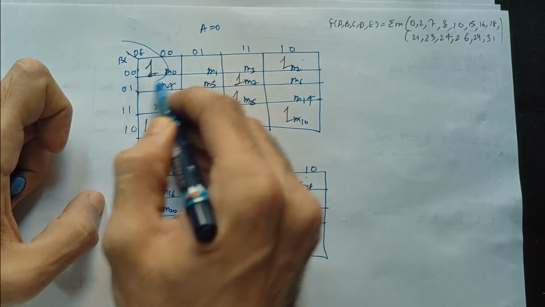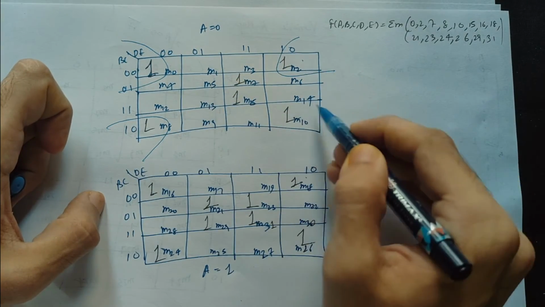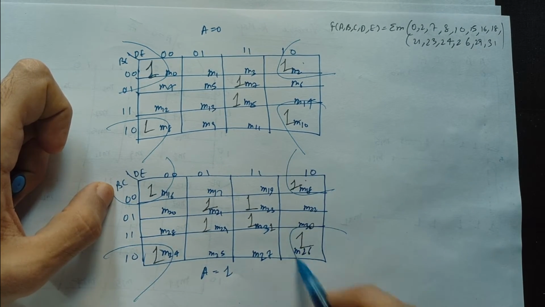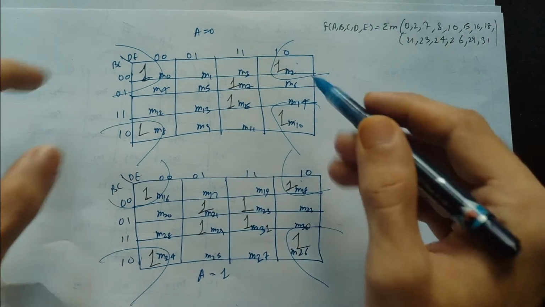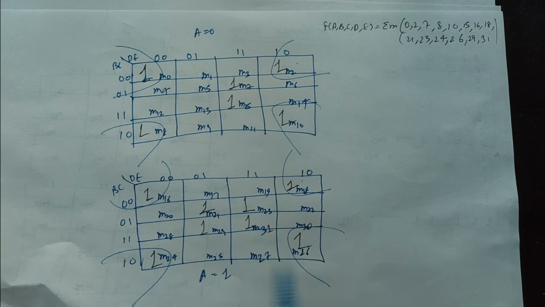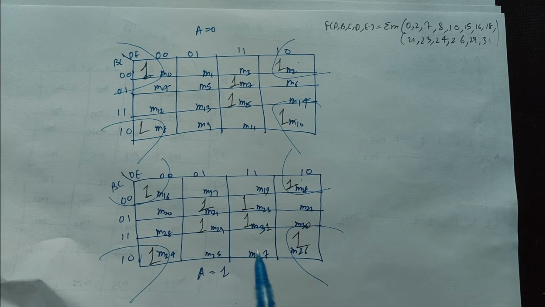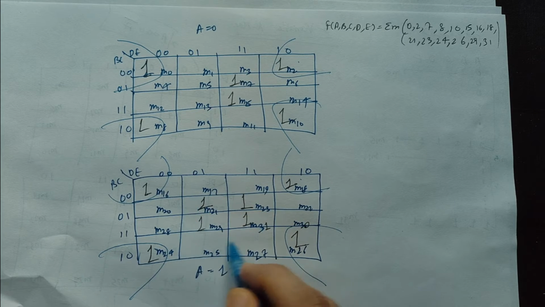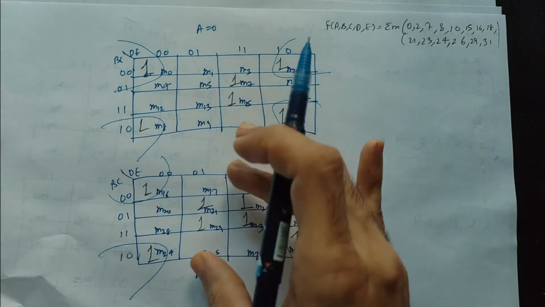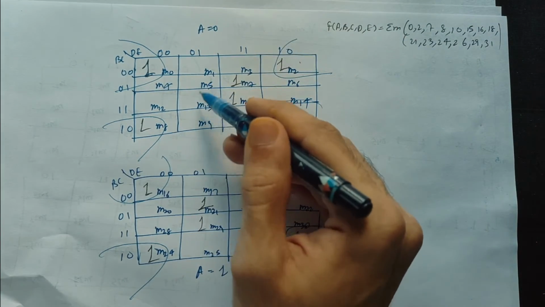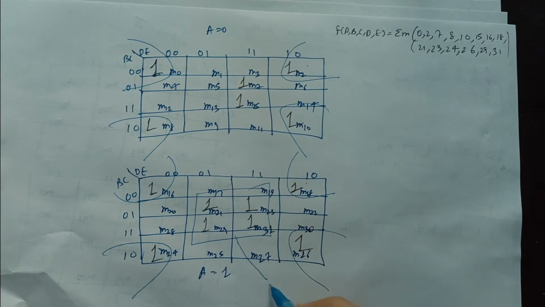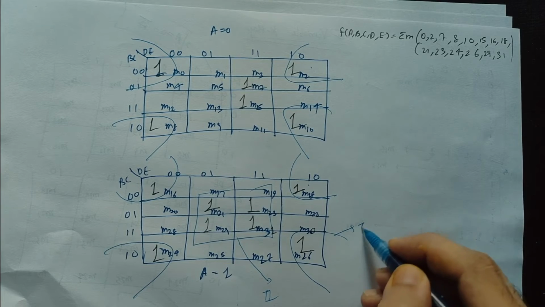So these four can be paired with these four, and it would be an octet, a group of 8 ones: 1, 2, 3, 4, 5, 6, 7, 8. Now this is a quad in the K-map where A is 1, but while placing it over the other map we do not have 1 and 1 there, so we will form this quad here of 4 ones. This was the first group.